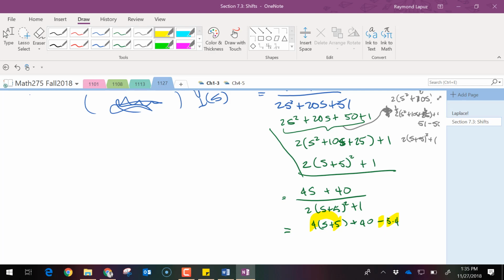I want to get an s plus 5 up there because the denominator has an s plus 5. After I do that, I can split this up into two different formulas. So we have a 4, oh, so that's a 2.